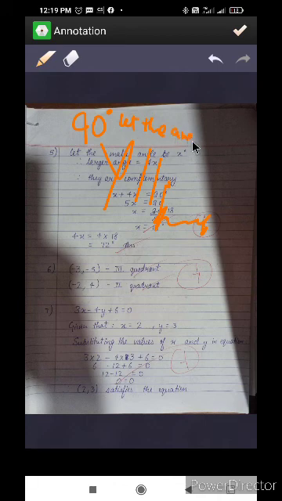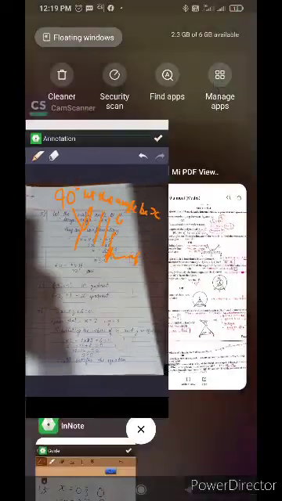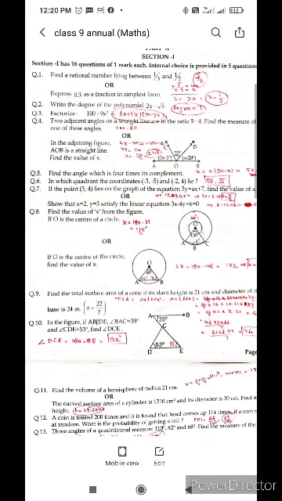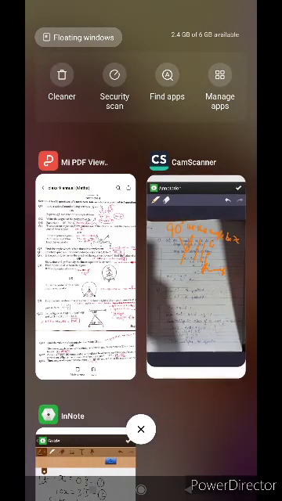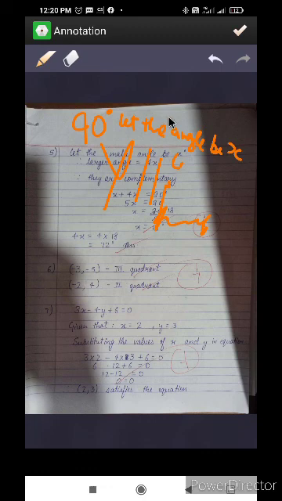Let the angle be x, then its complement will be 90 minus x. Oh sorry, it is saying that the angle is 4 times its complement. So the complement angle, okay, it is correct.